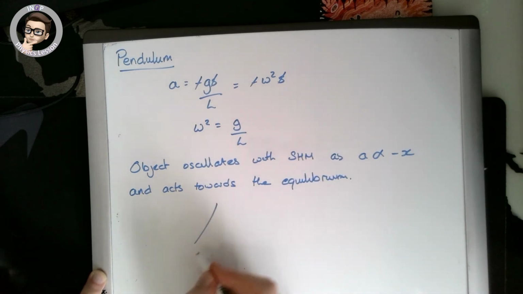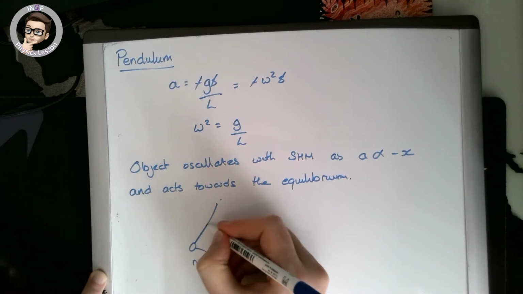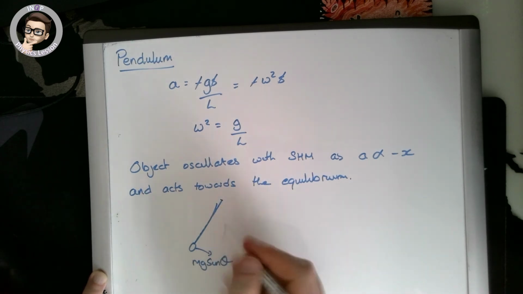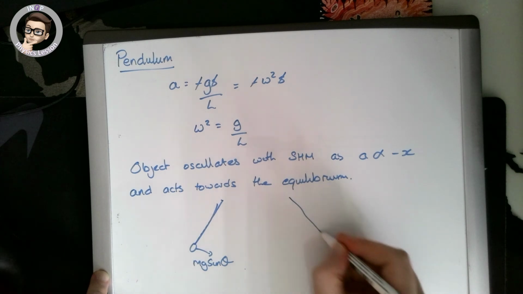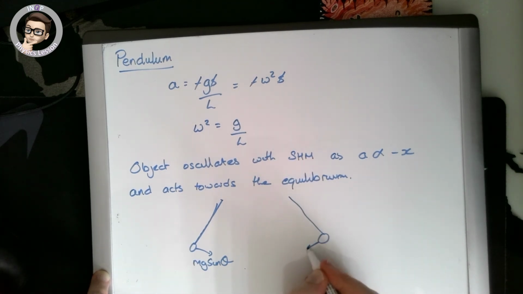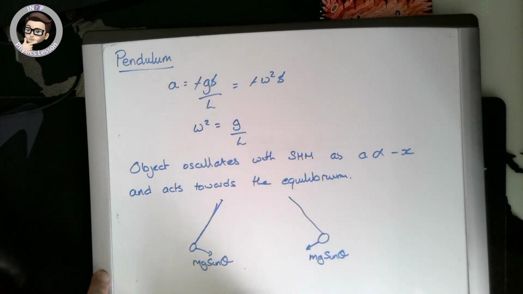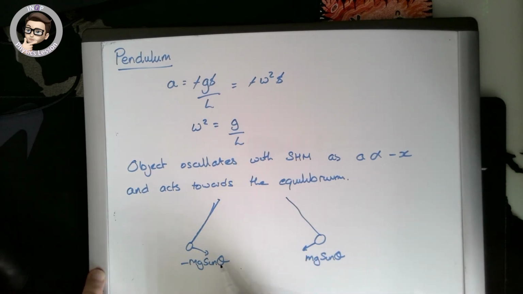Well, I mean that if I'm over this side, I have got my mg sine theta acting in that direction, not worrying about the other forces because they're perpendicular to it. And if I'm over this side, I've still got my mg sine theta. We'll call that one minus, we'll call that one plus. It depends on which way we've defined it. But in this case, it's going to be acting towards the center.